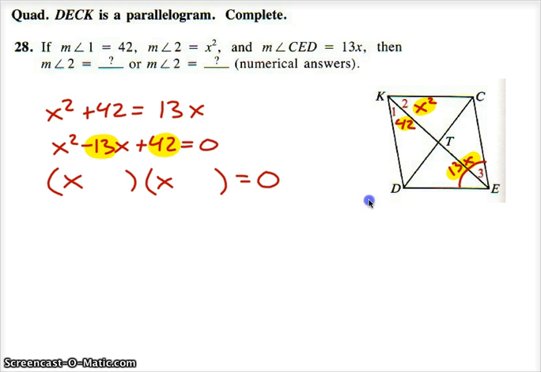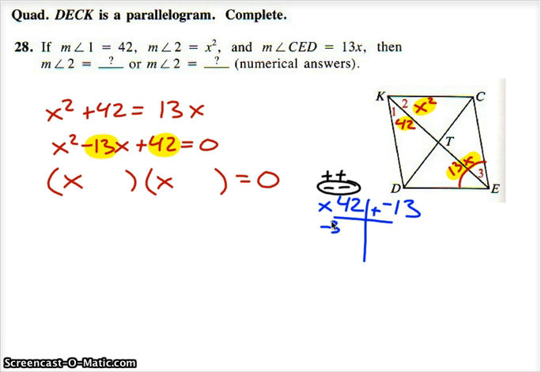If numbers multiply to 42, they have to be either both positive or both negative. And if they're going to add up to negative 13, that's only going to happen for two negative numbers. So can you think of two negative numbers that when you multiply them, you get 42, but when you add them, you get negative 13?